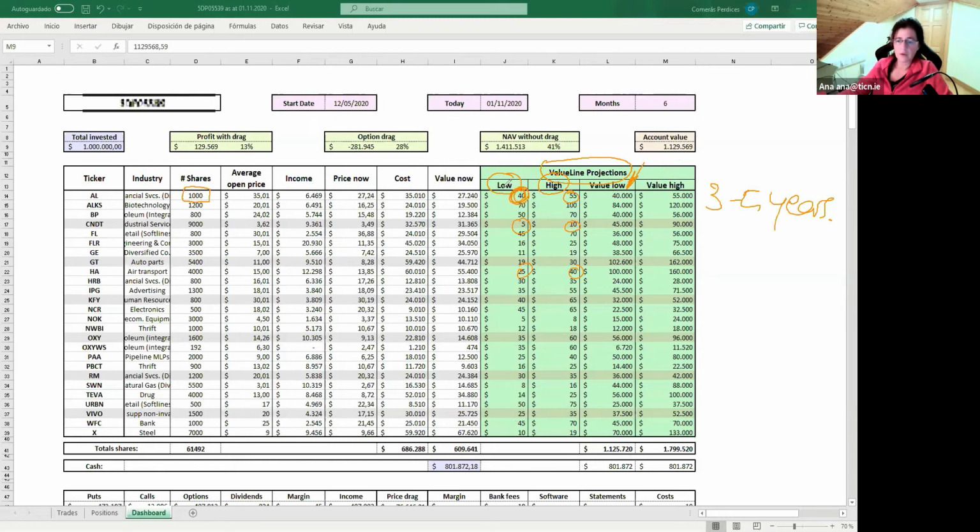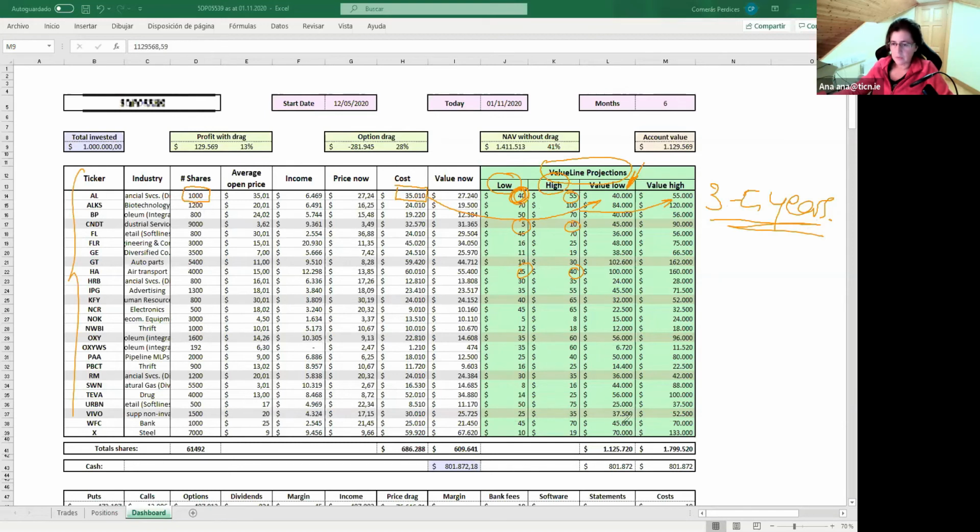Yeah, 1,000 times 40, 40,000, meaning that we paid 35,000 and value line is telling us that these shares are going to trade between 40,000 and 55,000 in the next 3 to 5 years as of today, because the low and the high change as well. And that's why we review the value line reports every 3 months of the companies that we have, right? So that's where it's coming from.